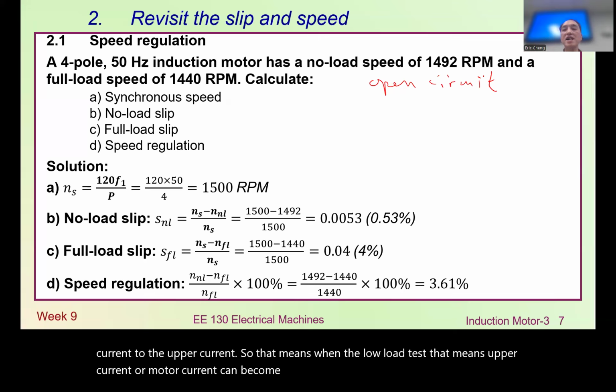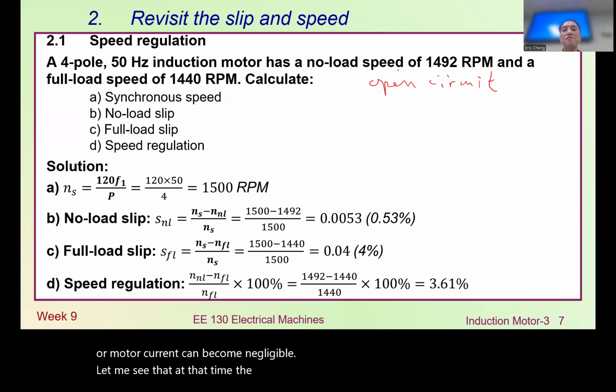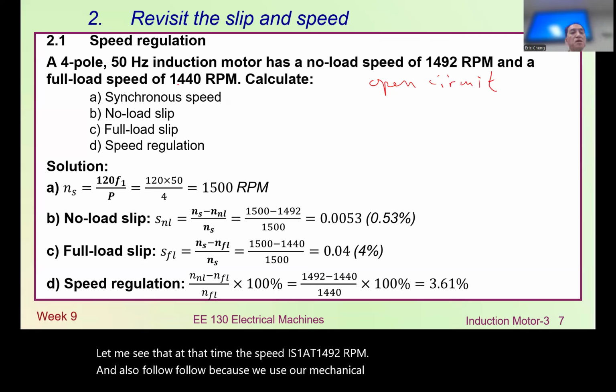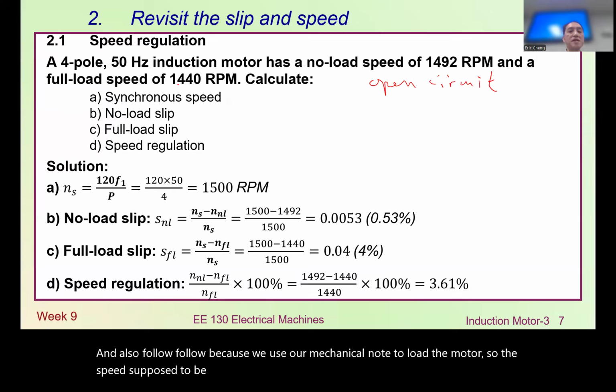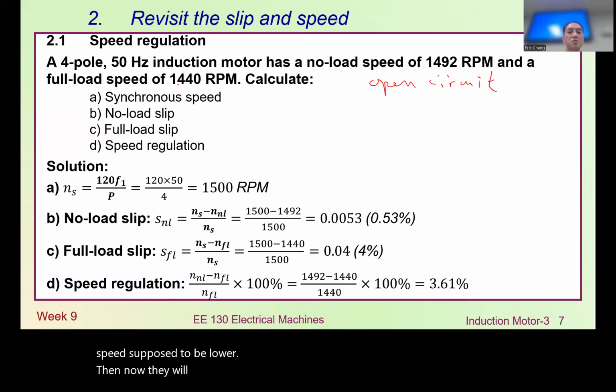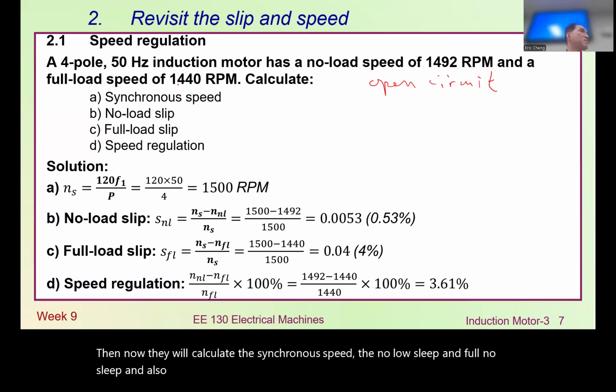At that time, the speed is running at 1492 RPM. And at full load, because we use a mechanical load on the motor, the speed is supposed to be lower. Then we calculate the synchronous speed, the no load slip, the full load slip, and also the speed regulation. This is a typical calculation to understand more about the motor.